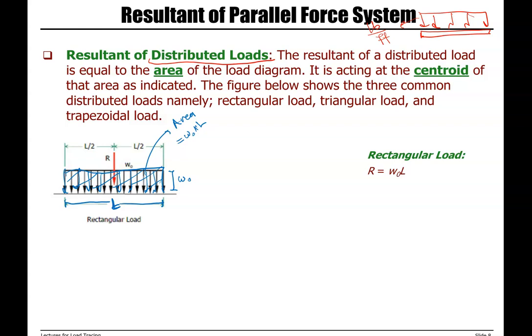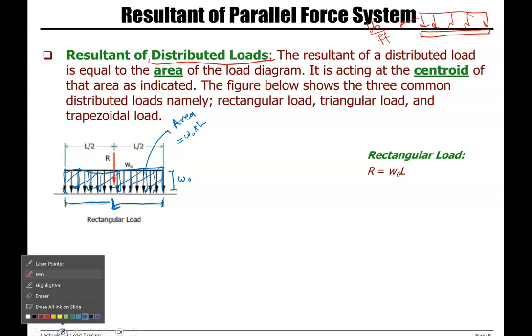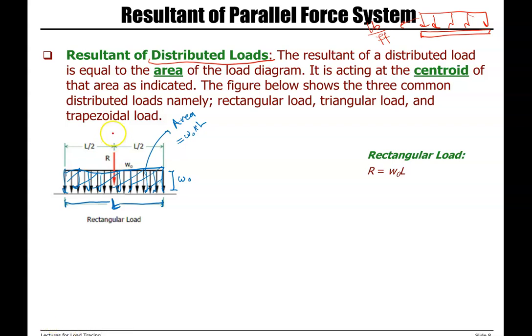Again, the resultant of a distributed load is equal to the area of the load diagram. Here we have a rectangular load with 2 sides, W0 and L, so the area is W0 times L. And then the resultant is placed at the midpoint.